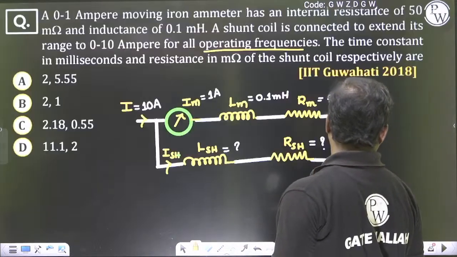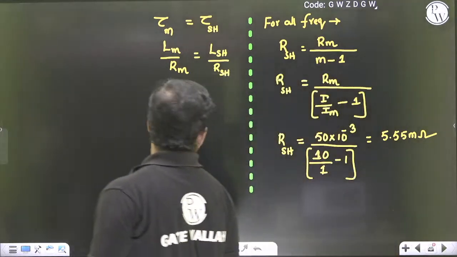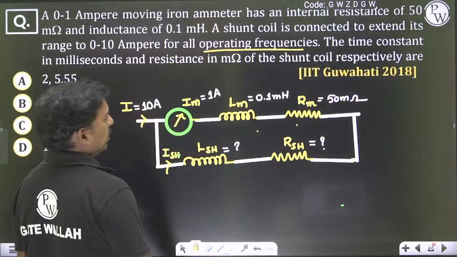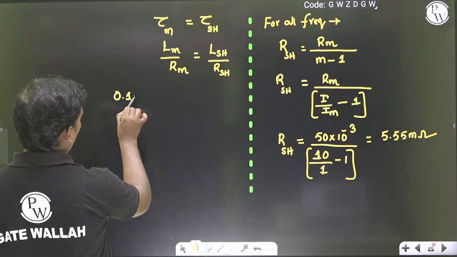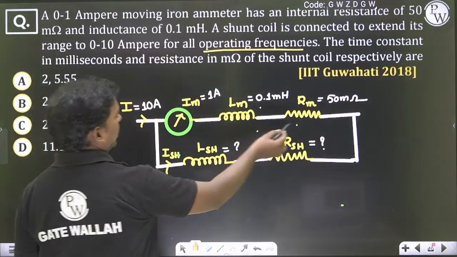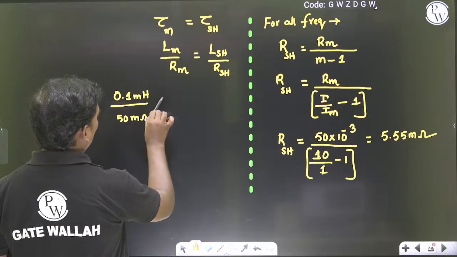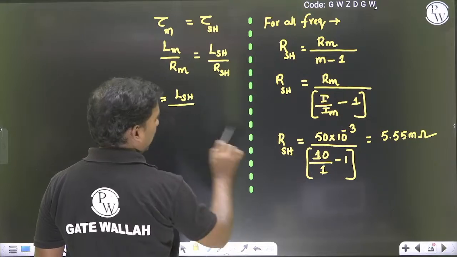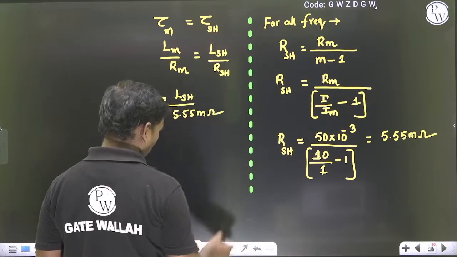Now we know the Lm and Rm, so we can find out the time constant. Lm is equal to 0.1 millihenry, divided by Rm, which is 50 milliohms. LSH we don't know. RSH is 5.55 milliohms.